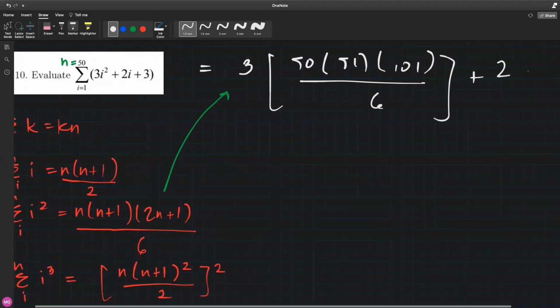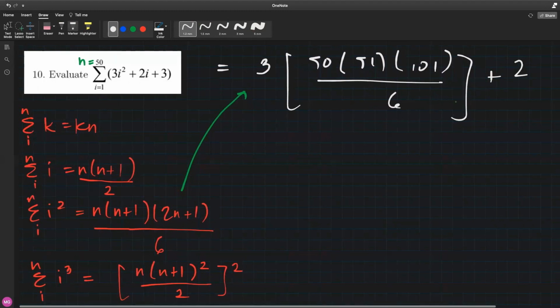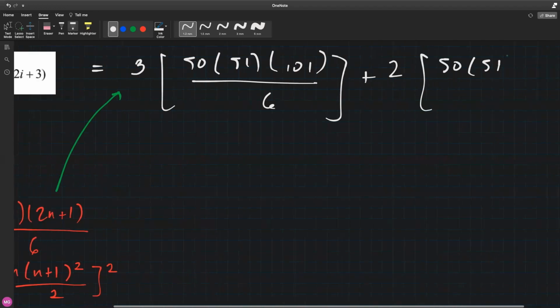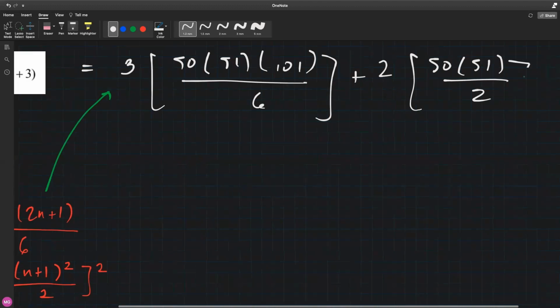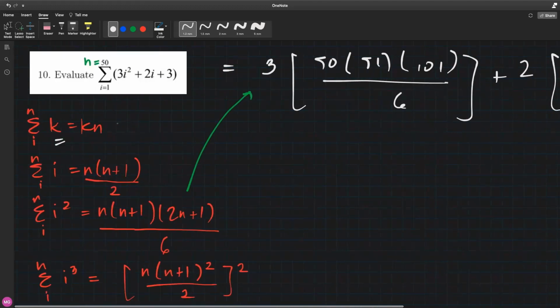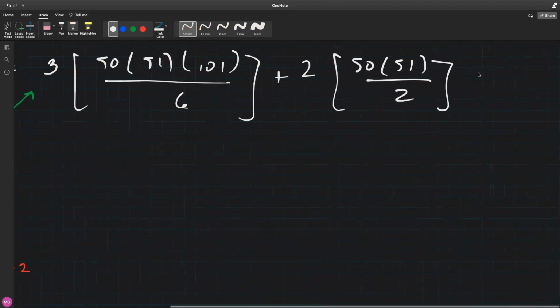So that would be plus 2 times n times n plus 1, so that would be 50 times 51 over 2, plus just a constant. This would be just a constant. So refer to that. That would be just 3 times 50.